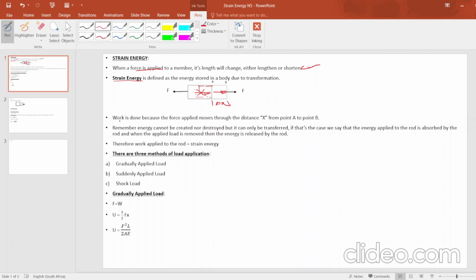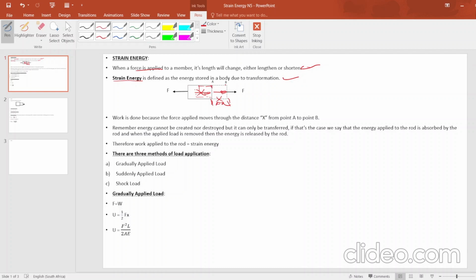Now, work is done because the force applied moves through the distance x. The distance x would be this distance here, from point A to point B. Then we are saying the work is done. That's where this definition comes in: it's energy stored in a body due to transformation.